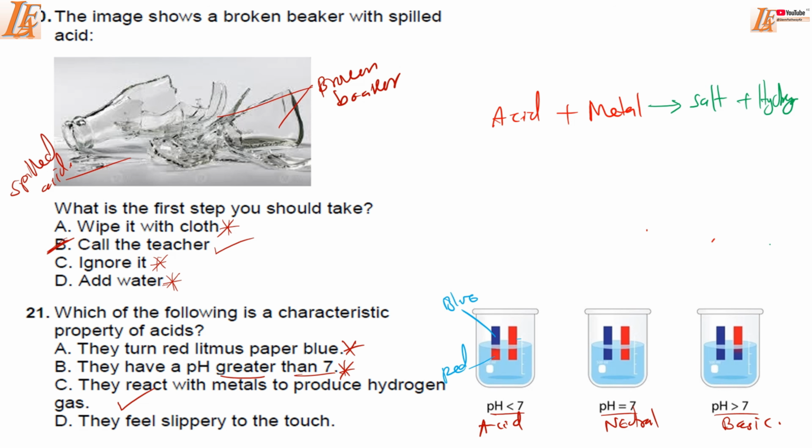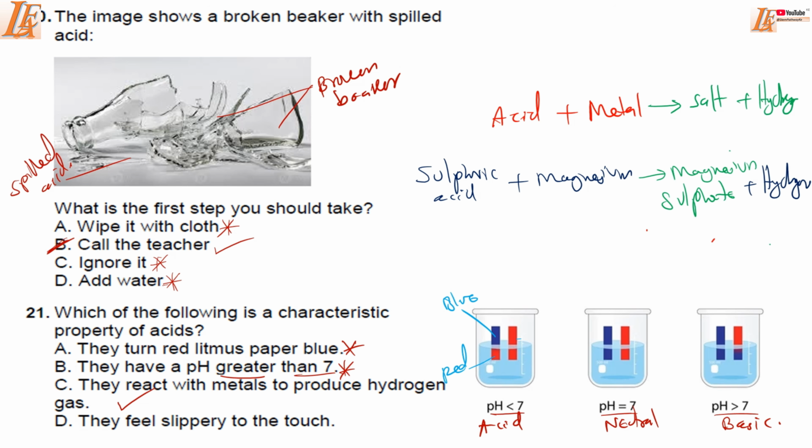A good example is if you have an acid like sulfuric acid, you react it with a metal like magnesium. In this case, it will give you two products. One, a salt which we call magnesium sulfate, plus hydrogen gas. So this one is correct.